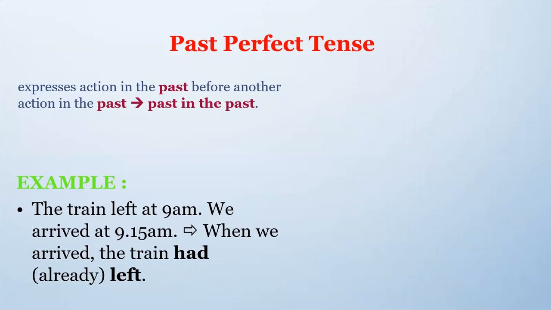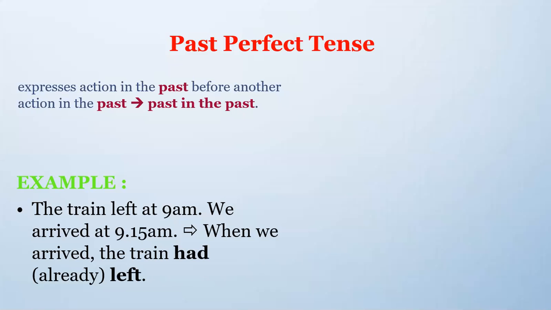Your ticket stated that the train leaves every day at 9 a.m. You were supposed to be there before 9 a.m., but you arrived at the train station at 9:15.